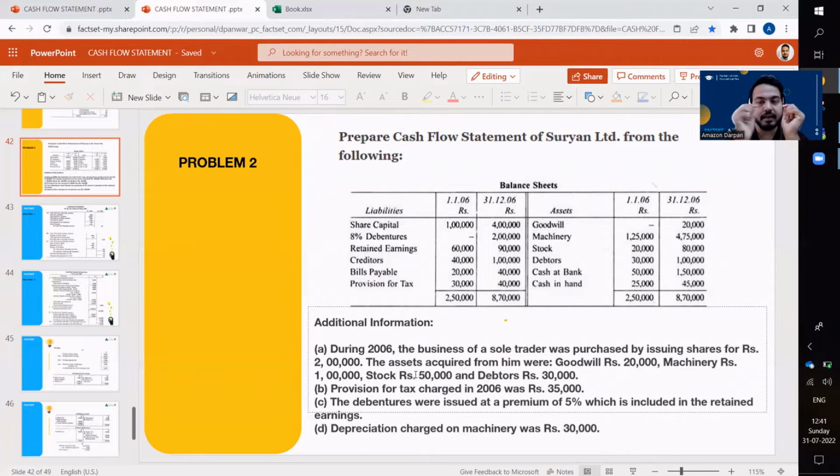At the start of the year we had 20,000 worth of stock, and at the end of the year we have 80,000, which means there is a chance that we might have purchased 60,000 worth of stock. But an increase of 60,000 doesn't mean we have paid cash for everything. This point mentions that 50,000 was acquired from the sole trader. Does that mean we paid cash for it or not? We'll look at the solution to understand more clearly.